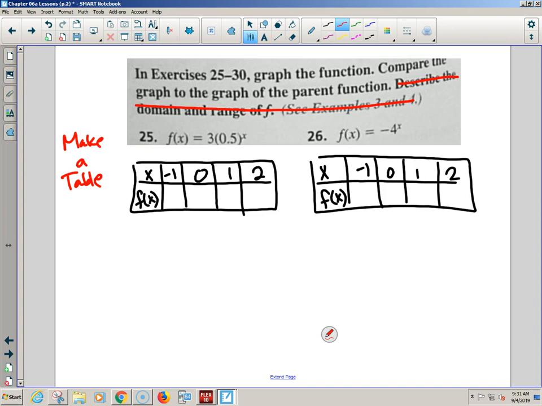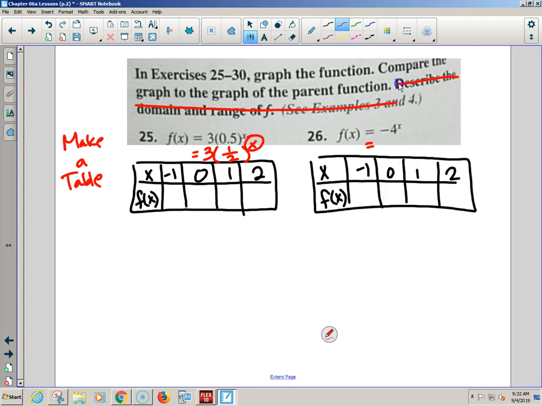But from what we talked about earlier, guys, what would make this problem a lot easier to plug in? What if we changed the 0.5 to what? Yeah, that would make life a lot easier. We're going to be plugging into that X spot. And then this one's kind of okay the way it is, but some of you might have been confused by what was going on, because aren't negative numbers illegal bases?